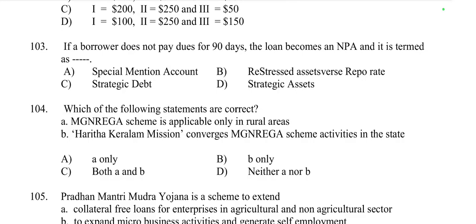So when a borrower doesn't pay the dues for 90 days, it is called an NPA and it is termed as special mention account, SMA. This classification indicates that the account is showing signs of incipient stress which may potentially lead to an NPA. Specifically, an account overdue for 90 days is categorized as SMA 2 or special mention account 2. So option A is correct here.